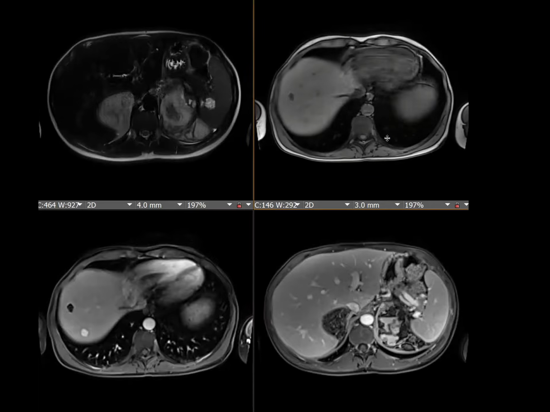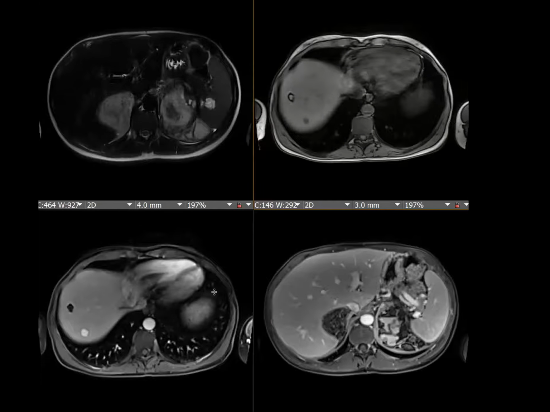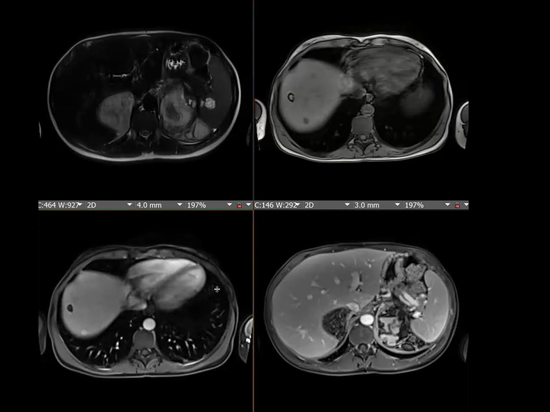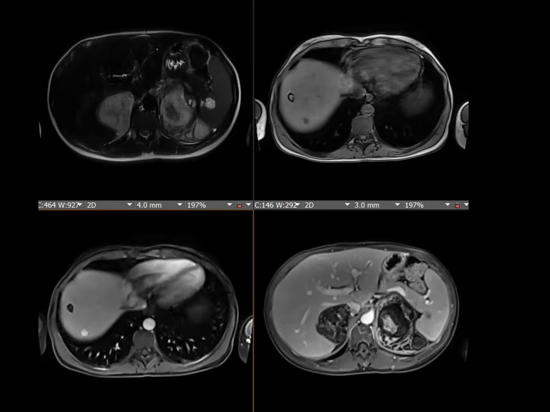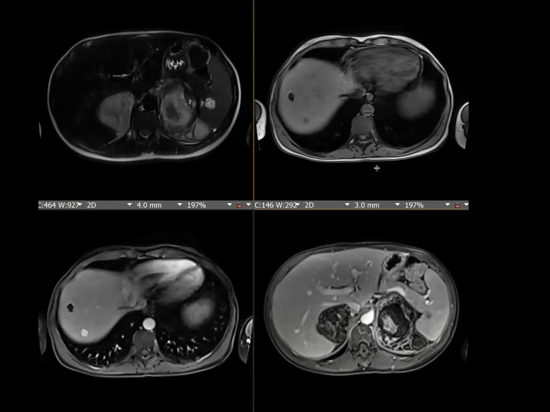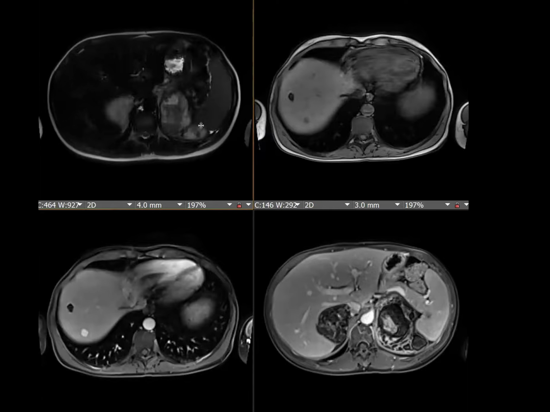There were these 2 other lesions in the liver, one of them is here, and you can see on the T1 pre it was hypointense.